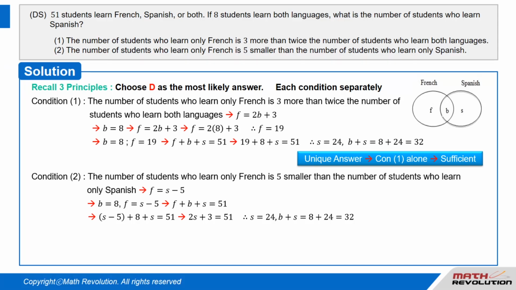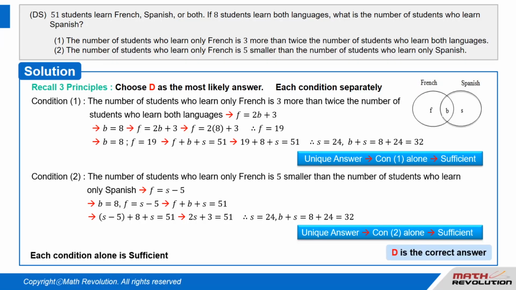That is, 2 times S plus 3 equals 51, or S equals 24. Therefore, B plus S equals 8 plus 24, which equals 32. Since it is a unique answer, this condition is sufficient. Each condition alone is sufficient, so D is the correct answer. Answer: D.